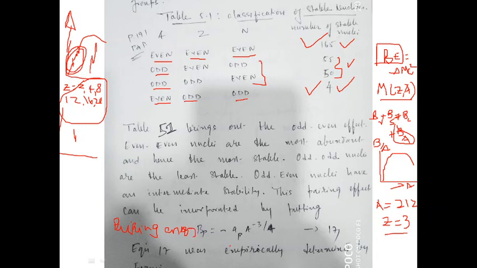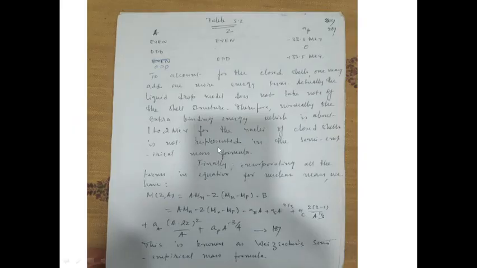So what does the pairing energy mean? P stands for pairing energy. The pairing energy term is given by minus AP, A raised to minus 3 by 4. AP is the pairing energy coefficient, and it has been found empirically that for even A and Z being even, that is for even-even nuclei, the coefficient value is minus 33.5.